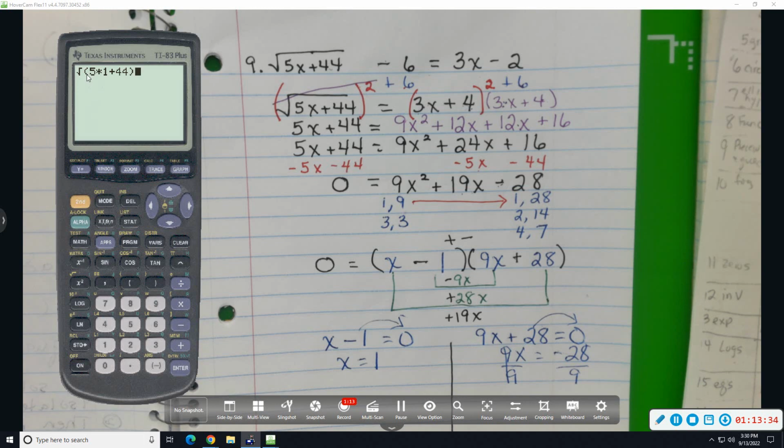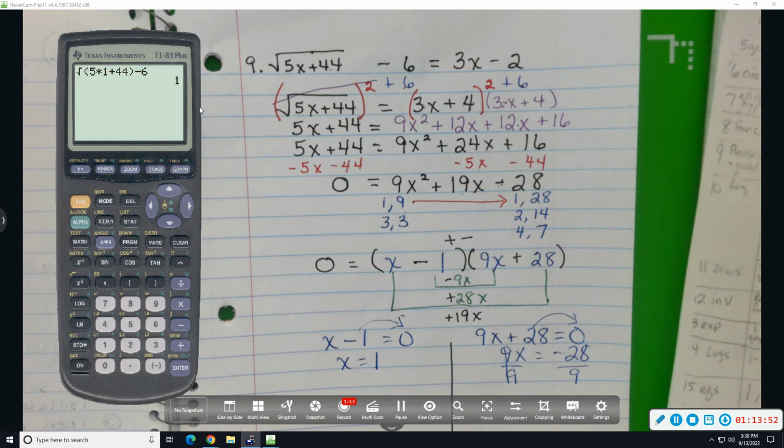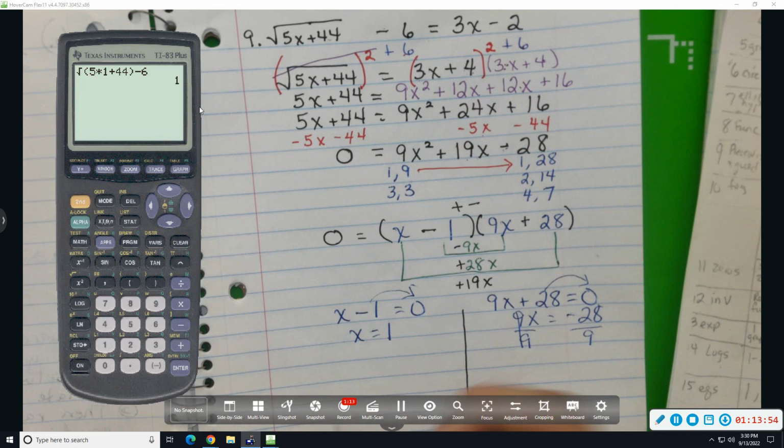I'm plugging a 1 in. 5 times x, so 5 times 1 plus 44. So that's going to be a 49 under the square root symbol. And the square root of 49 is 7. Subtract 6.